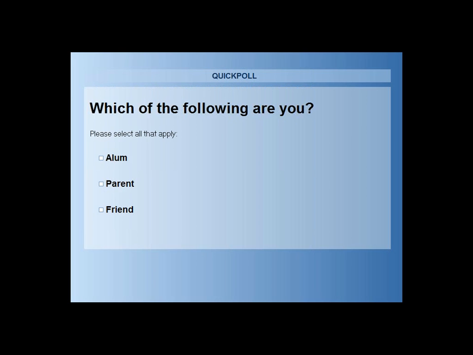We'll just give it a second or two more for people to respond, and then we'll close the poll, and you should be able to see the results on your screen. Okay, we'll go ahead and close the poll. It looks like the majority of folks are alumni, 74%, 26% parents, and 4% who are friends.